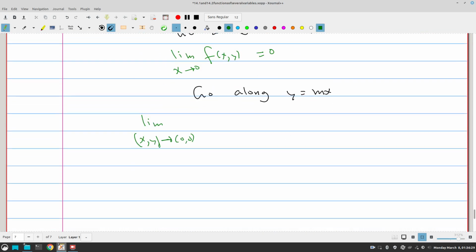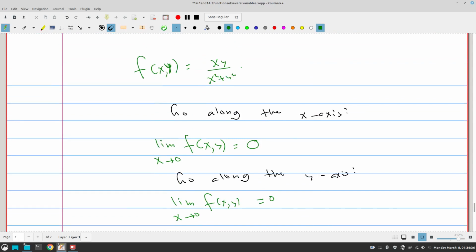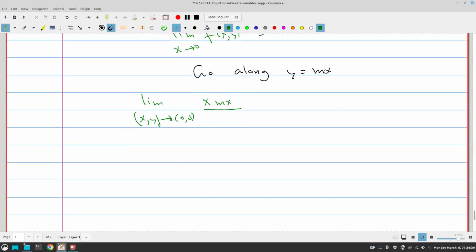So x times mx divided by x squared plus m squared x squared, which is equal to the limit of 1 over 1 plus m squared.